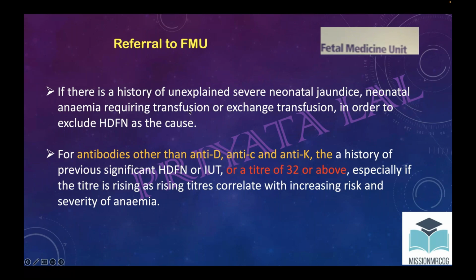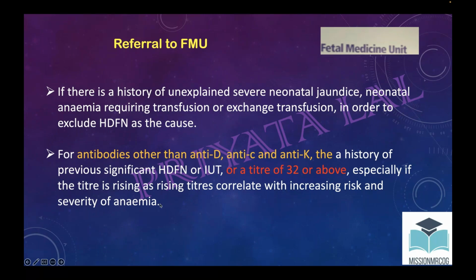If the previous baby is affected, the patient is to be referred to the fetal medicine unit. Apart from this, for any antibody except these three, D, C, K, if the titer is more than 32, they are also at risk, so they are referred to the fetal medicine unit.